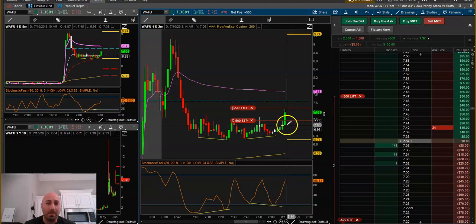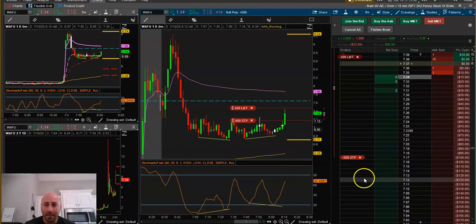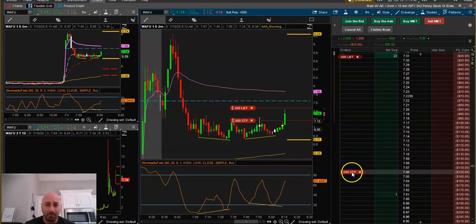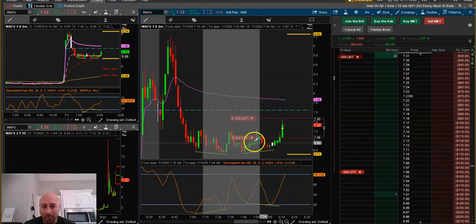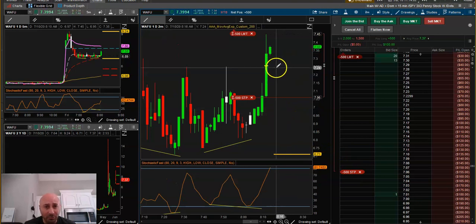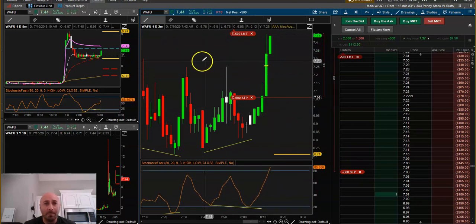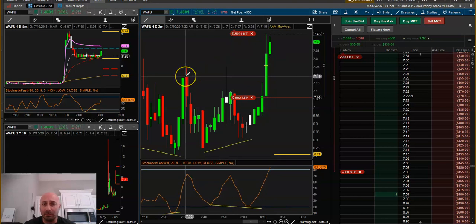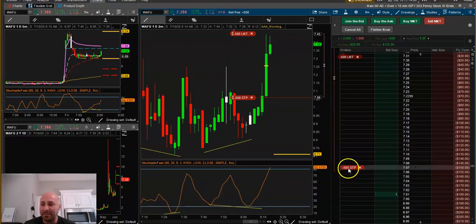I will move my stop to 1 penny below this current candle. It's 706. Actually, I'm going to move it right below here, probably to this 719 level.